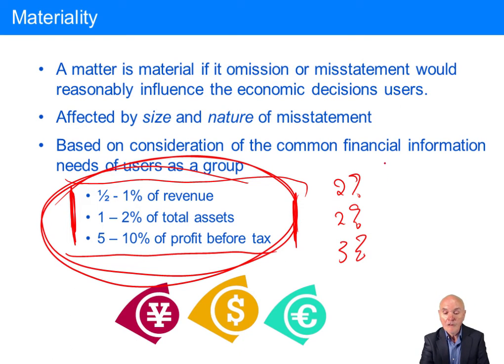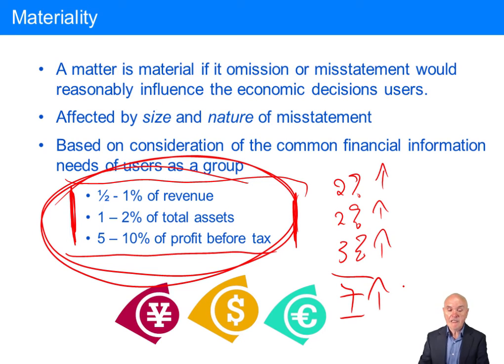And let's say all of these kind of overstated the profits. So we're ending up there, 3, 4, 5, 6, 7, with a 7% overstatement of profit. None of the errors themselves might be material, but they can stack up. If they all stack up in the same way, they can become something which is material.